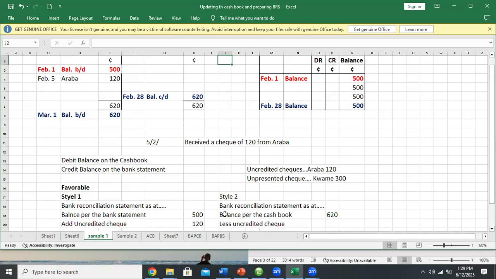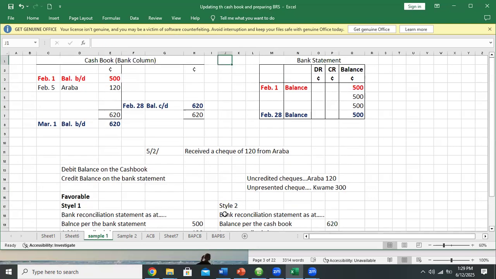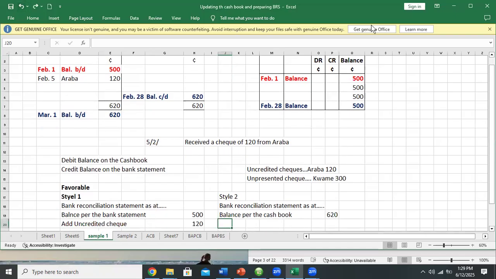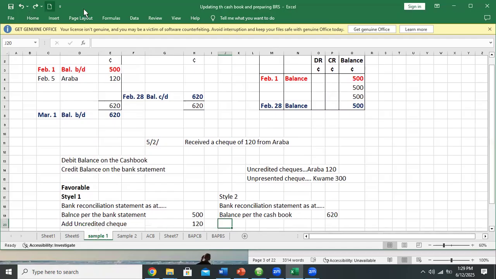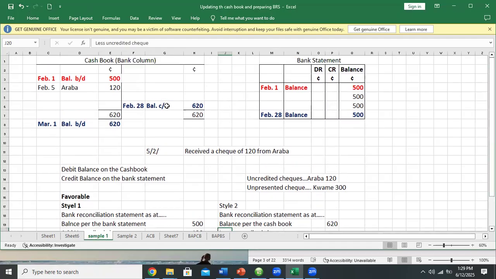Let's look at the unpresented check and see whether we have to add or less depending on the balance we are starting with. So let me go back to February 5th.